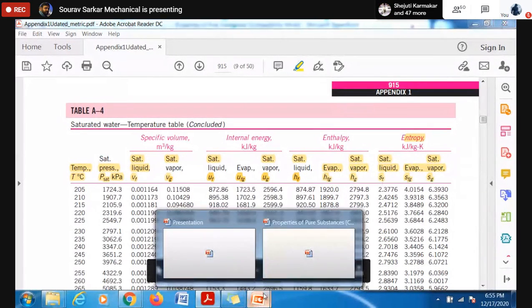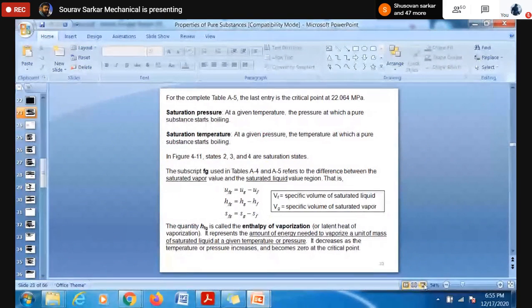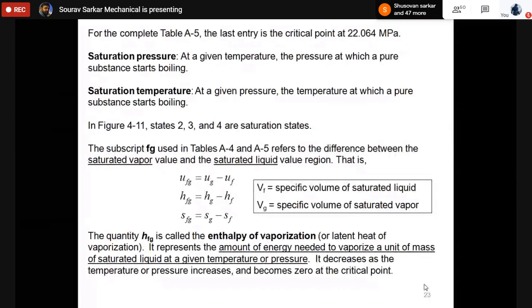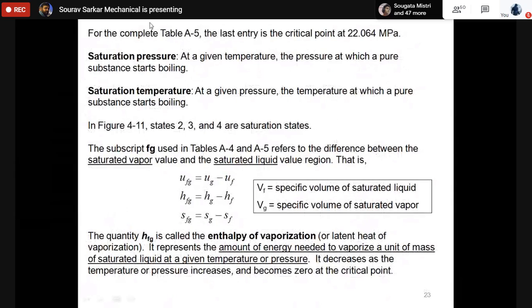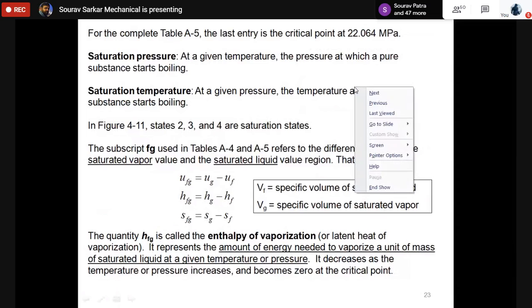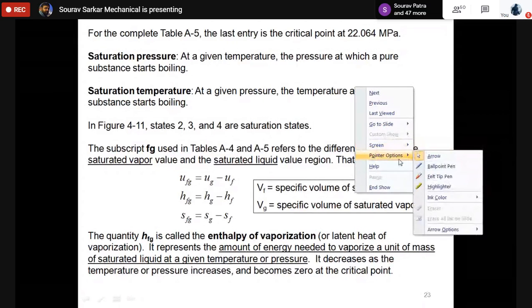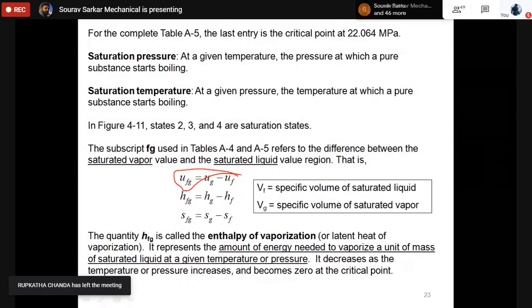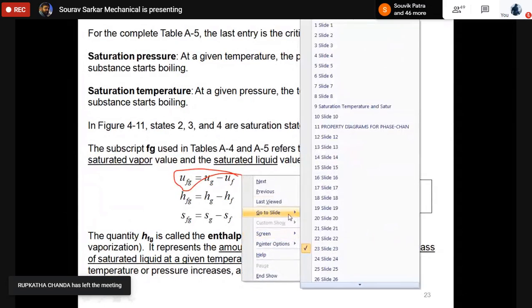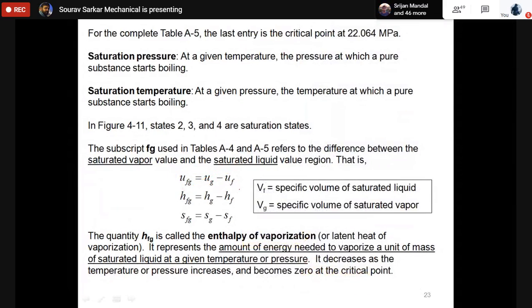If I show you the PPT, this is the table. The saturation temperature we understood, the saturation pressure we understood. Now UFG is UG minus UF, HFG is Hg minus HF, and SFG is Sg minus SF.